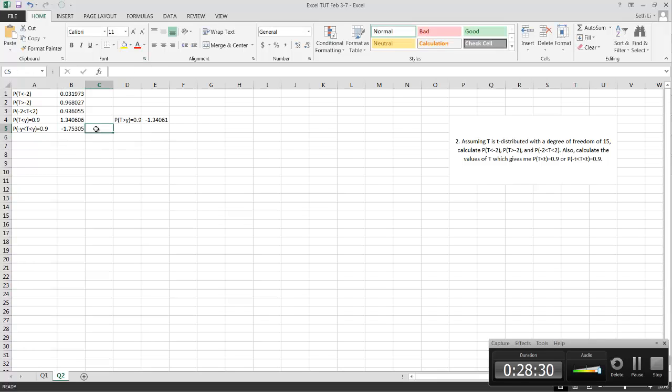And then once again, since y could be negative or positive, we can just flip it around. There we go. So now we have the value of y. So if y is either 1.75 or negative 1.75, when t is in that range, you have a probability of 90.